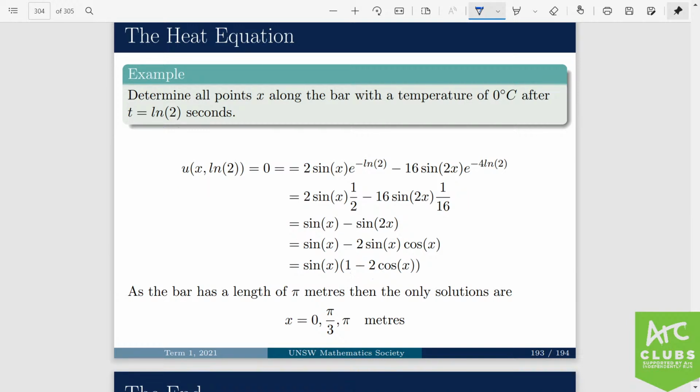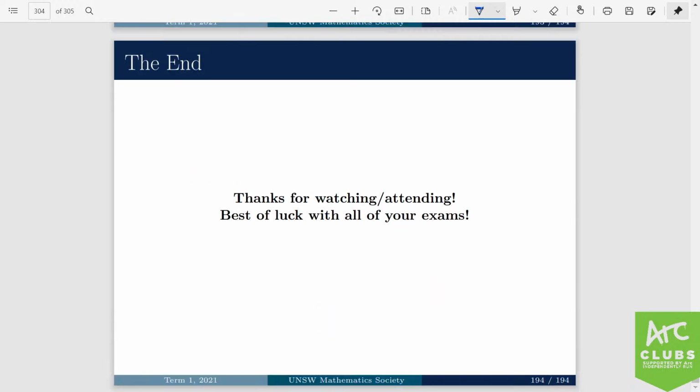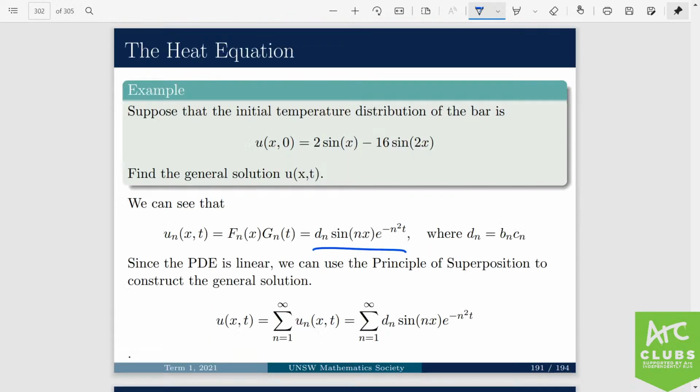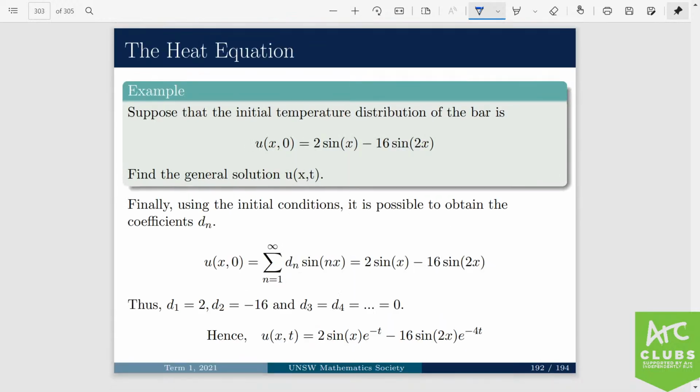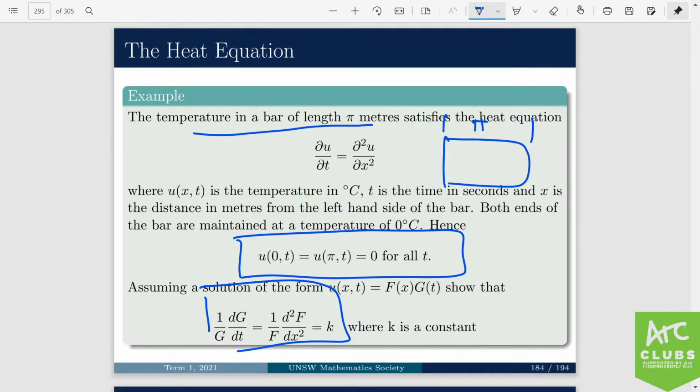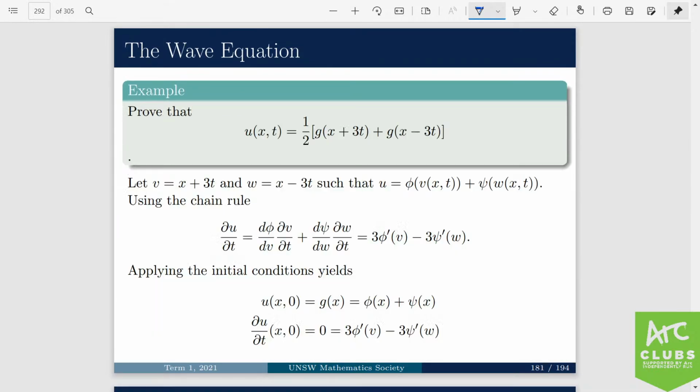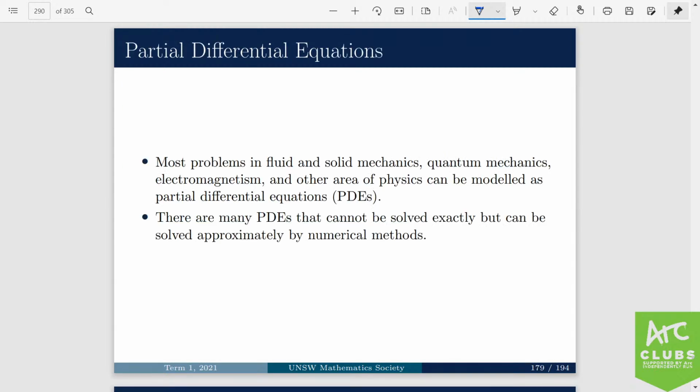Cool. So that's the end of that question. I think what would be better to do, instead of going back to this question, is to note that all of these partial differential equation questions have a lot of similar processes. They're all very linked together.